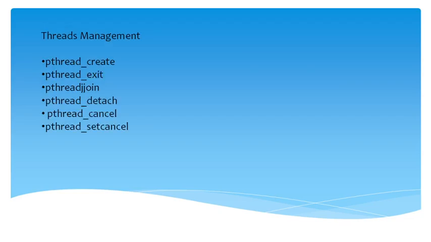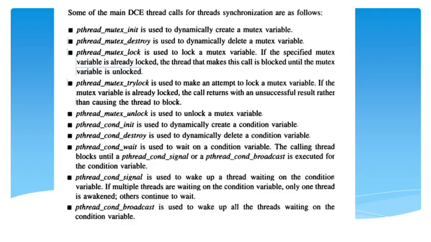And the next is this one, about thread synchronization. Mutex init is used to create a mutex variable. Destroy can delete a mutex variable. Mutex lock is used to lock it.